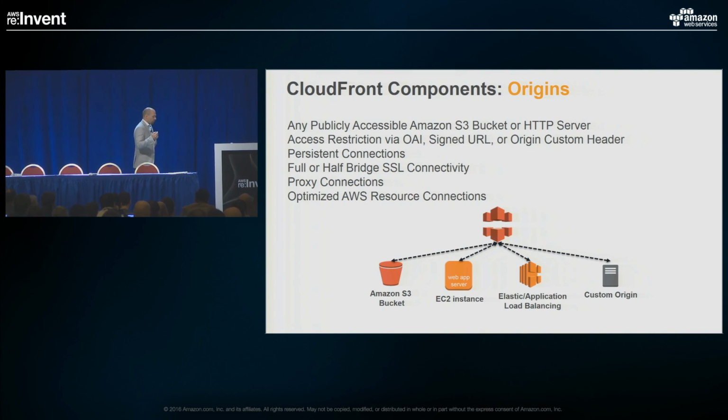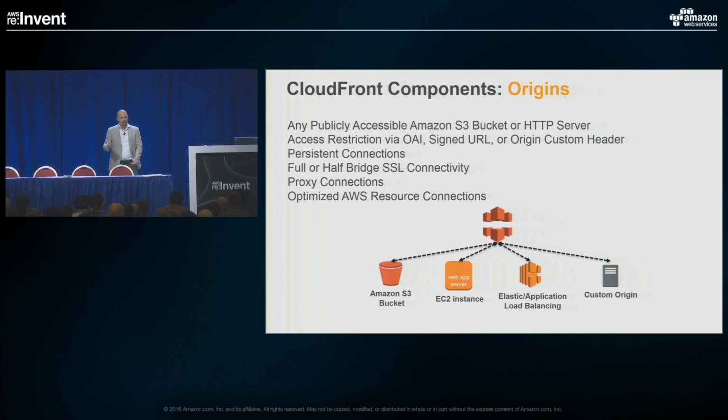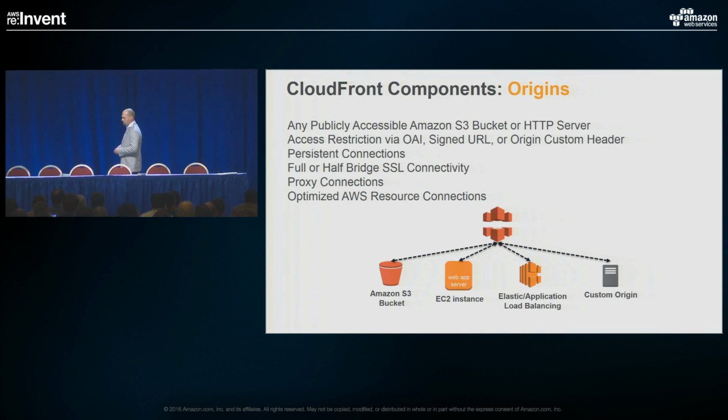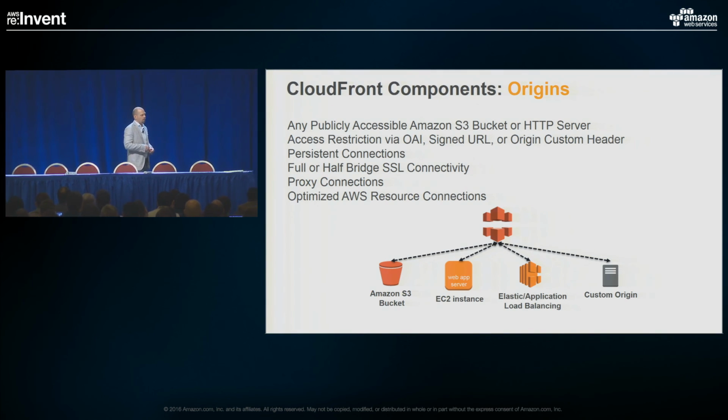To make sure that the performance piece is in place, we have what we call persistent connection. We persist that connection via TCP between the CloudFront edge cache and your origin. What that does is help us speed up content delivery when we don't have an item in cache, or for dynamic content, to keep the dynamic content channel open so we don't have that chattiness between the edge and the origin.